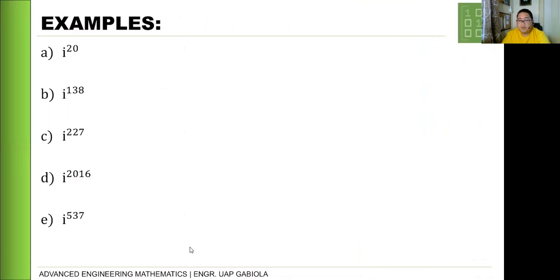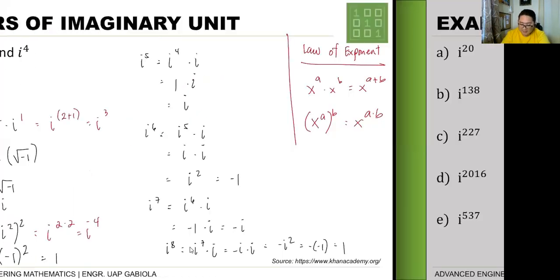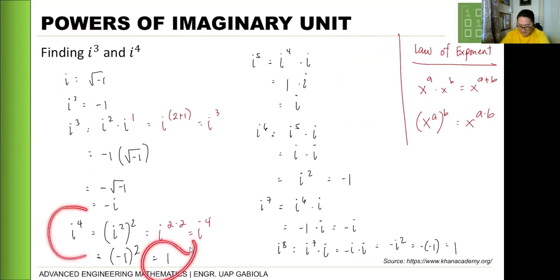So, let's say we need to identify si i raised to 20, okay? So, i raised to 20, what I would do is to think of a number na divisible by 4, okay? Bakit divisible by 4? Kasi alam natin si i to the 4 na equal siya sa 1, no? So, whatever yung exponent niya, it will always yield into positive 1.